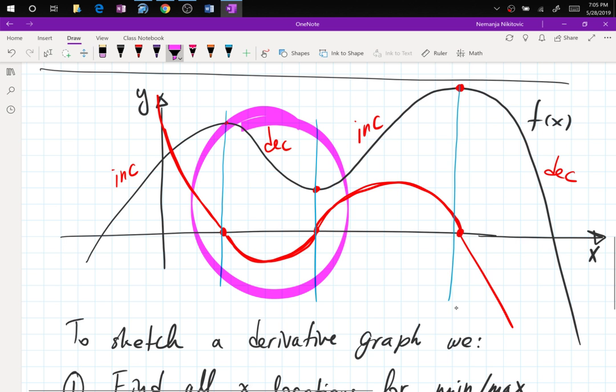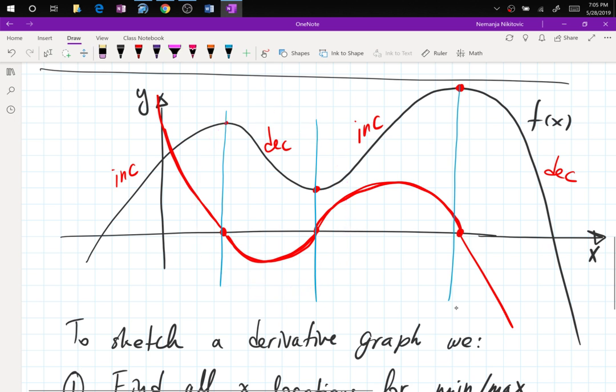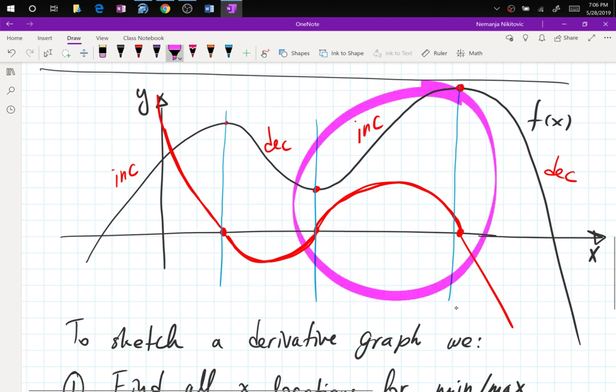The next section has a decreasing part, and we see that the red line is below the x-axis. The next section, we have the increase again, and we see that the red line, which is the derivative, is above the x-axis.